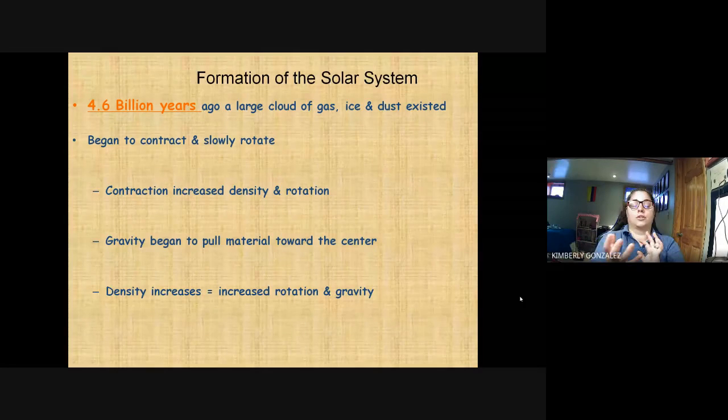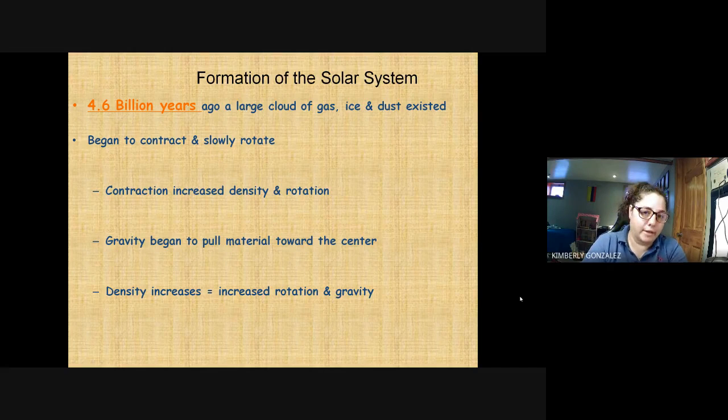When they start to contract, they rotate. You increase the density, you increase the rotation, you get more gravity. The more gravity, the more density, you increase the rotation, you increase the gravity. Notice the cycle. The more density of a system you have, the more it's going to rotate and the more gravity you're going to have.